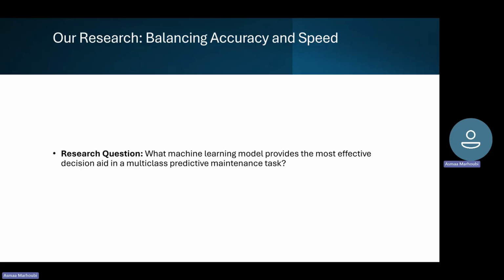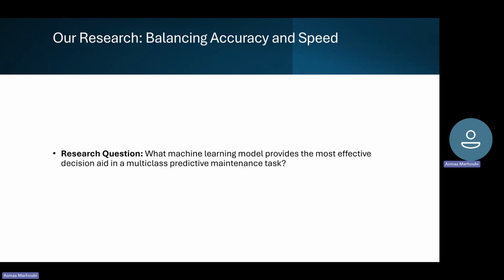Our research question, balancing accuracy and speed, states the following: which machine learning model provides the most effective decision aid in a multi-class predictive maintenance task? The approach that we used was to develop a simplified machine learning pipeline focused on real-time usability.